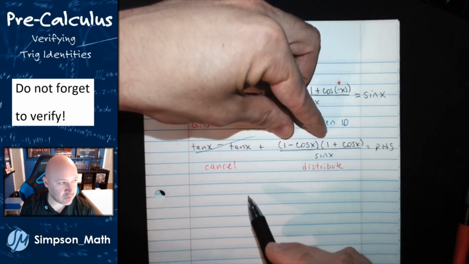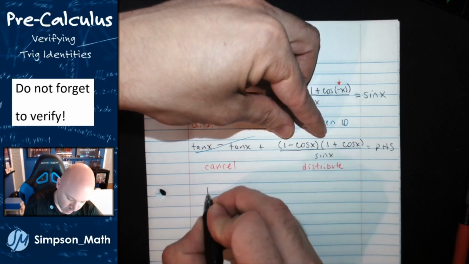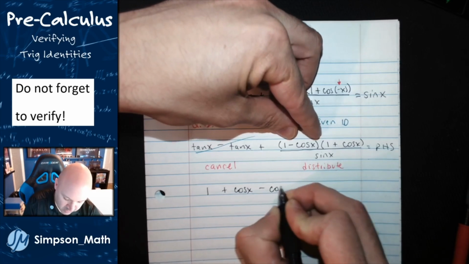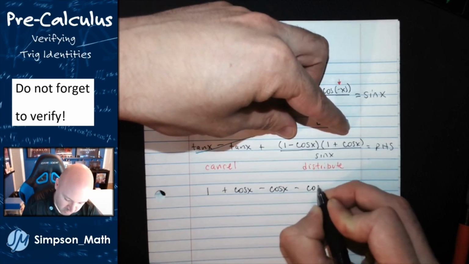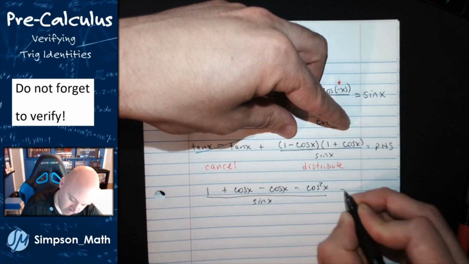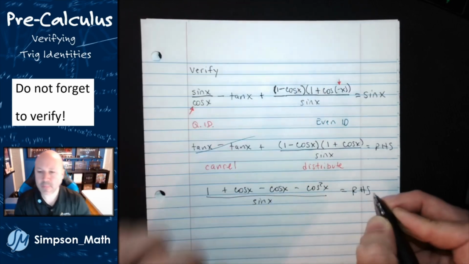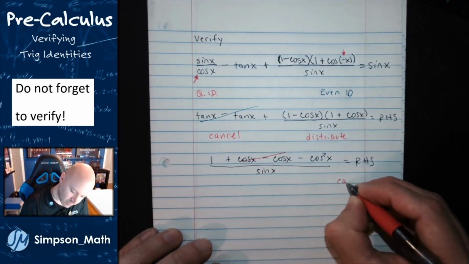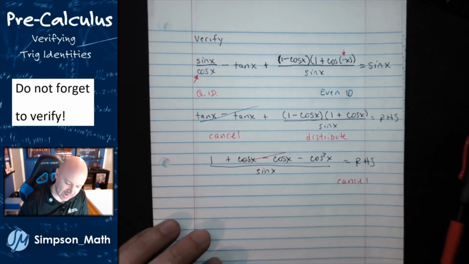I know the middle two terms will cancel each other out. This is going to be 1 plus cosine x minus cosine x minus cosine squared x all over sine. These cancel or add like terms.